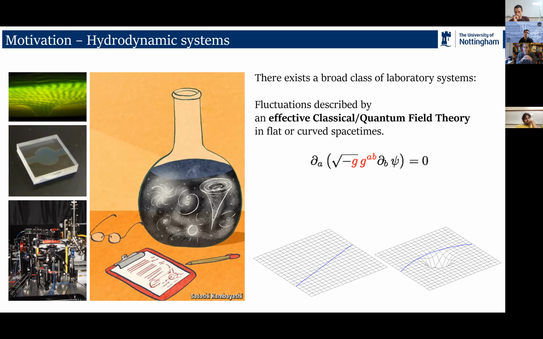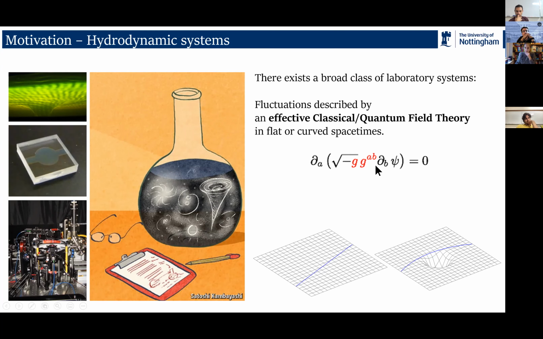What these very different systems, optical systems, fluids, superfluids, have in common is that if you look at small fluctuations within, they experience an effective classical or quantum field theory in a general curved spacetime geometry, an effective spacetime geometry. Now I quickly want to explain what that means.